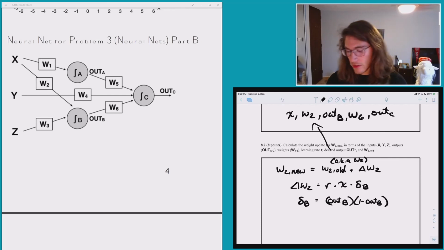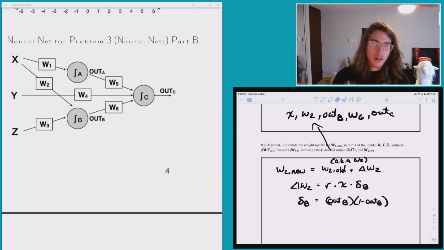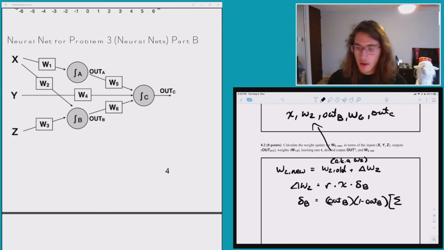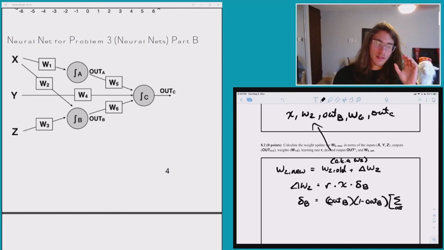And the equation is in fact out B times 1 minus out B, and if neuron B is not an output neuron, which it isn't, you have to multiply that by the sum of the deltas of all the outgoing neurons times the weights that connect out B to the outgoing neurons.